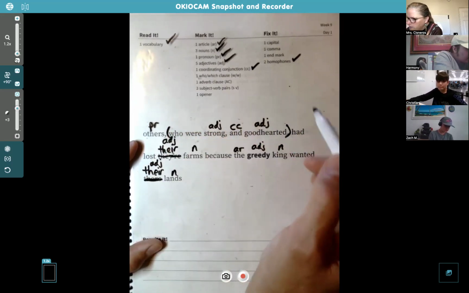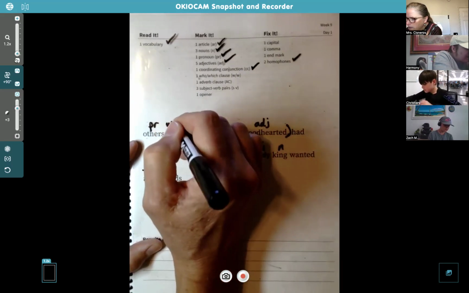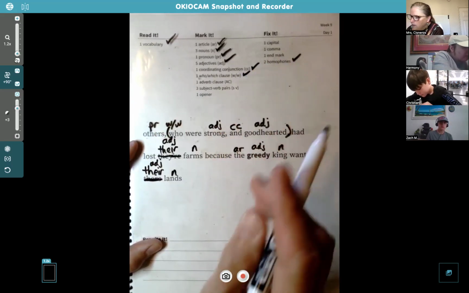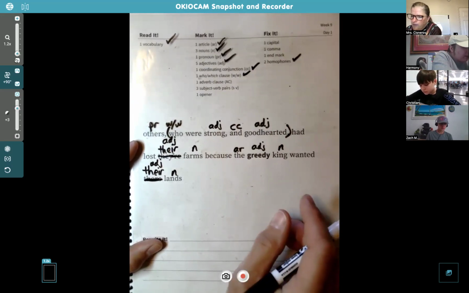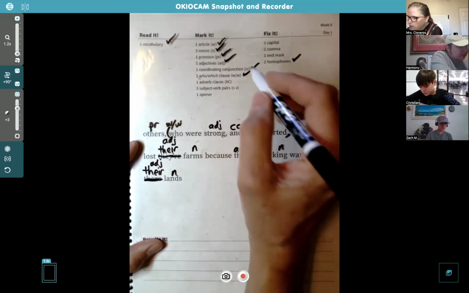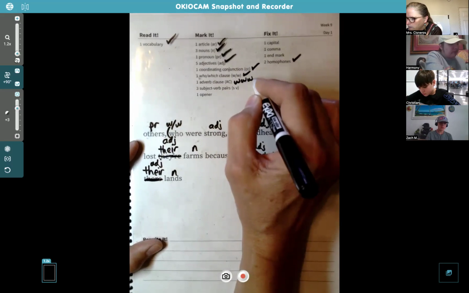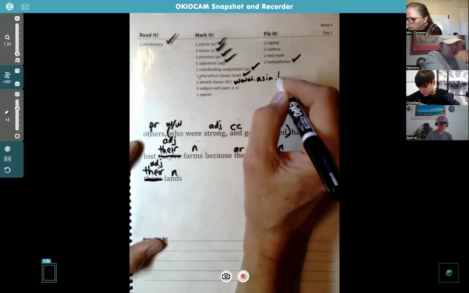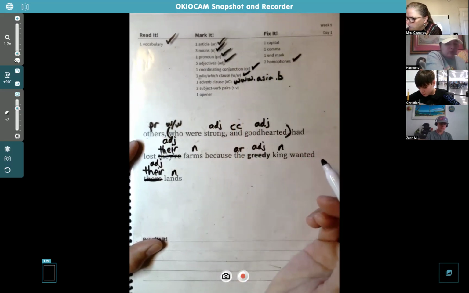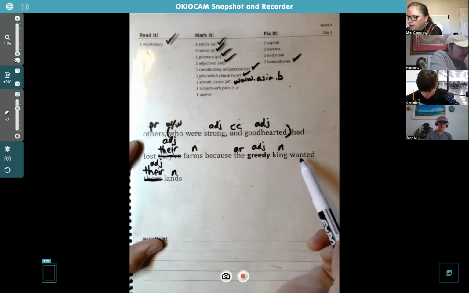Yes. Excellent. W/W. Adverb clause, Zach. You remember that one? That's the Asia word. You can write it in here if that helps. Wanted their land? Not wanted. That's going to be a verb.